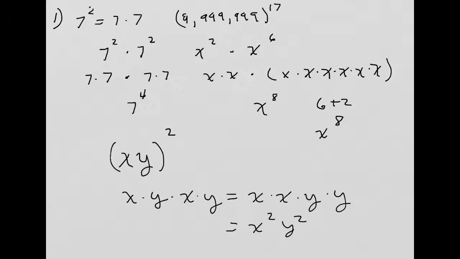Well, let me think about it. I can do x times x. Okay, that's pretty simple. And if I multiplied that times x times x times x times x times x times x, well, that all just combines. Well, how many x's do I have? Well, that's x to the 8th.